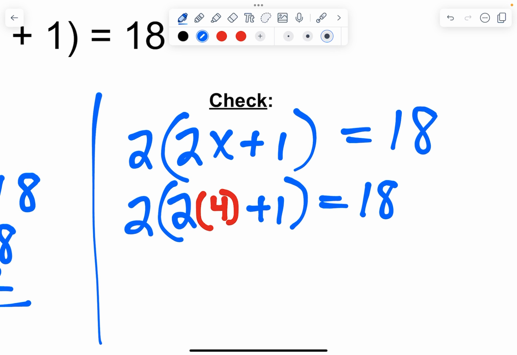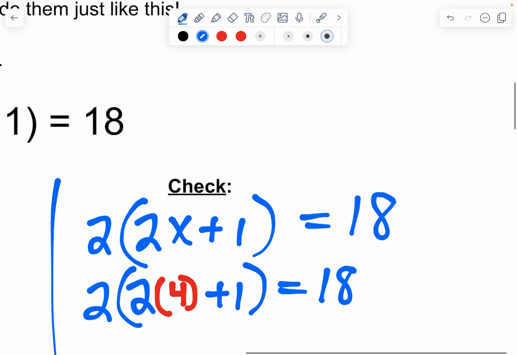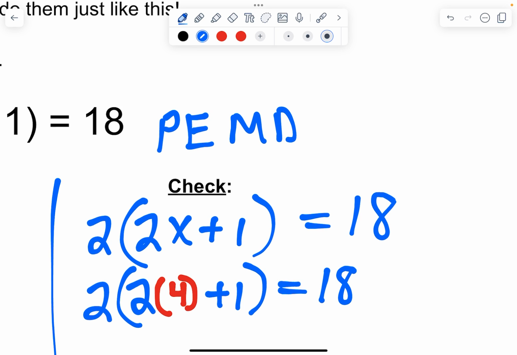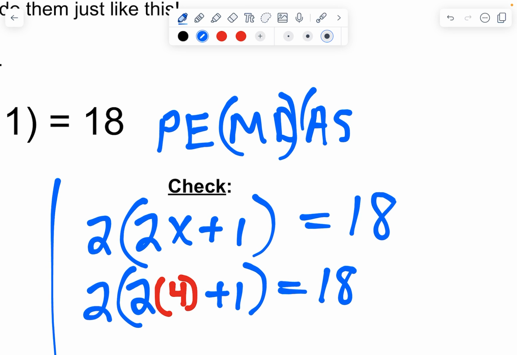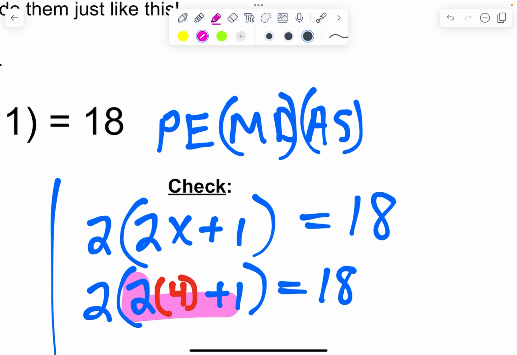Now, according to order of operations, or PEMDAS, we do parentheses first and then exponents, multiplication and division from left to right, and addition and subtraction from left to right. So now what I notice is I've got more parentheses. And if you look at the parentheses closely, I'm going to work inside the parentheses first.